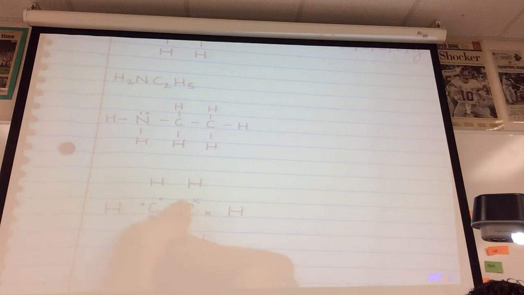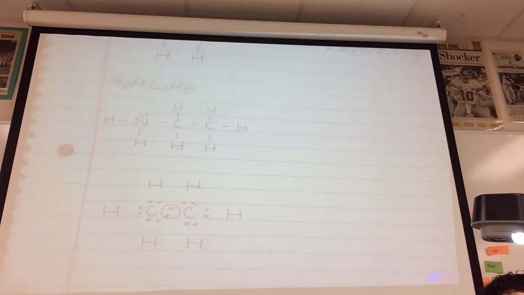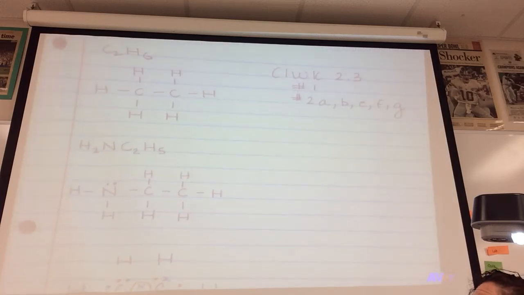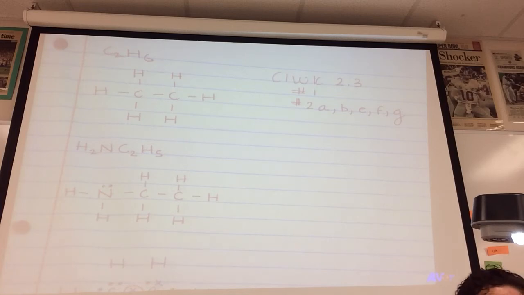And then each hydrogen is 1. You can use open circles, closed circles, whatever rocks your world is fine. Okay, that makes sense. So do you see the shared pair here now? I just thought that if it was the same element, it would be the same color. Okay. I got it. All right.